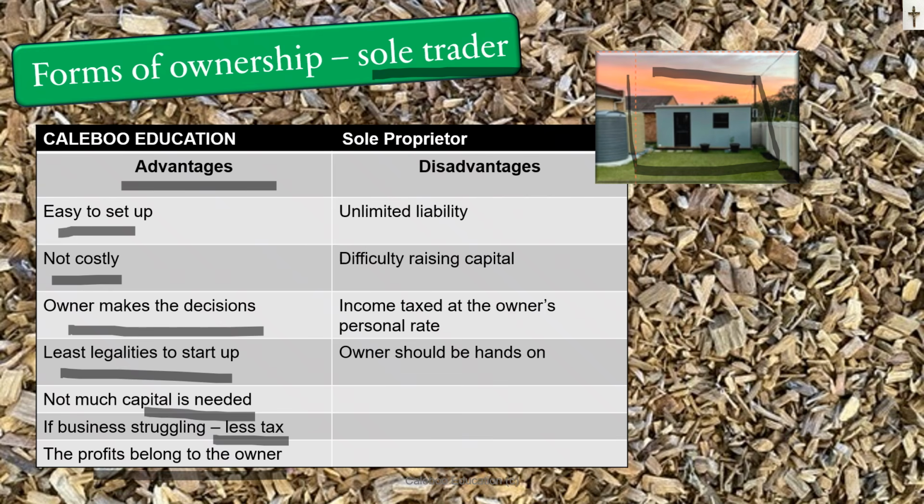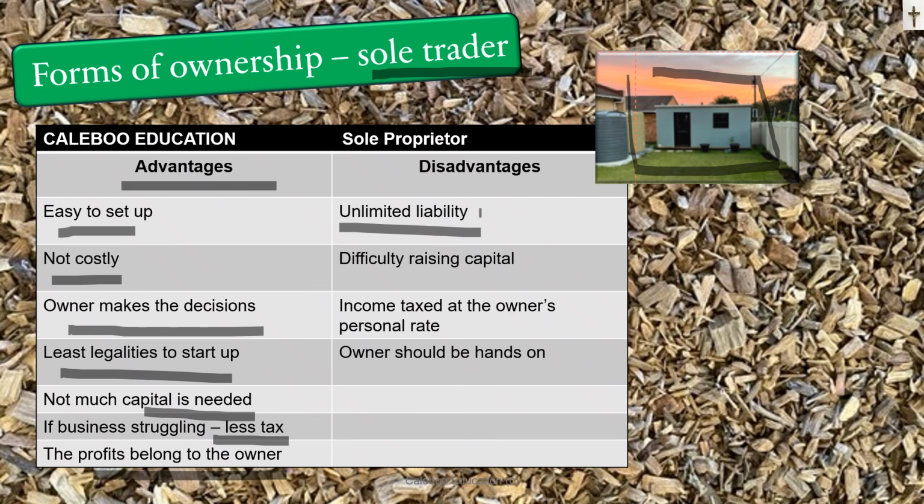Right, disadvantages: there's unlimited liability. What unlimited liability means is often your personal possessions are linked to the success or failure of the sole proprietorship, the sole trader, your business. So if your business goes bankrupt, you might have to give up some of your private possessions to cover the debt of the business.